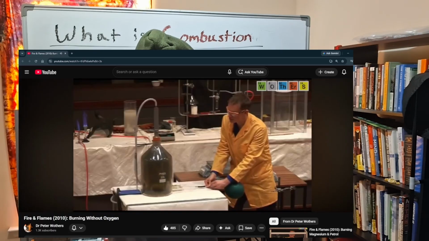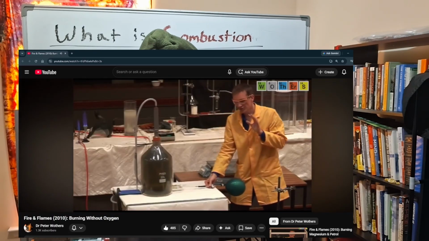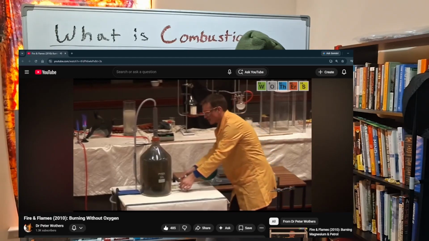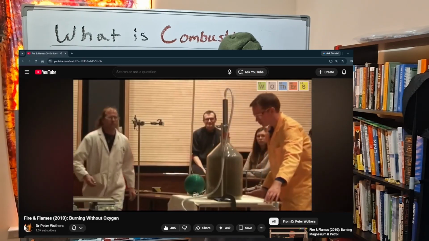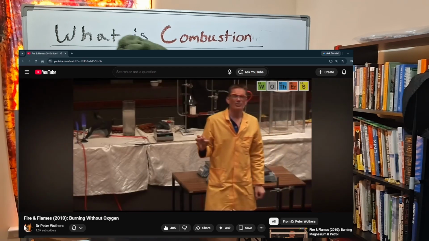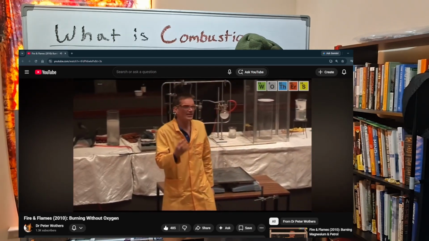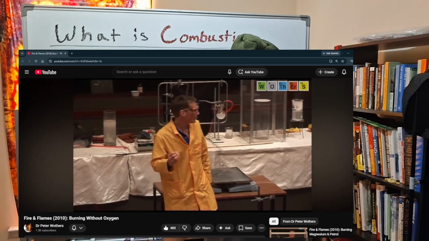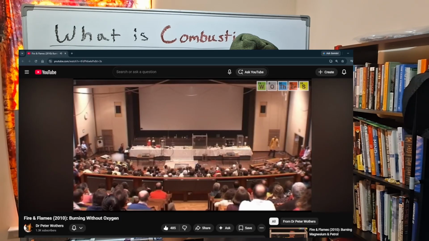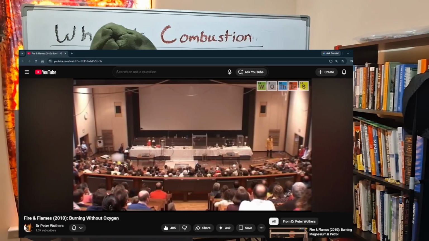So it's a very smoky reaction, but nonetheless, this is a reaction involving no oxygen at all. If we wheel this one away, please, and we'll swap it. So that was a hydrocarbon spontaneously burning in chlorine. No oxygen at all. We have another flask here. We're going to see if hydrogen can burn in chlorine.